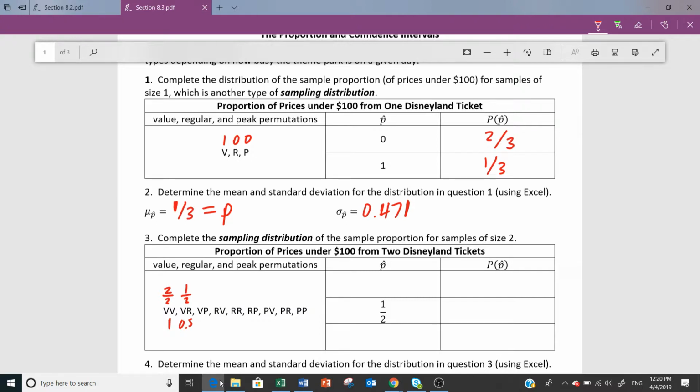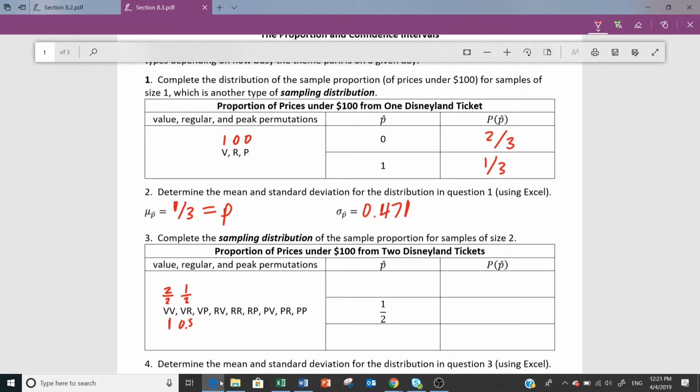Okay, let's go ahead and see if we can fill the charts in and then find the mean and standard deviation of both. Wow, you guys are super ahead. So how many zeros? We're basically counting the number of V's in the sample. So PP would be a 0, right.